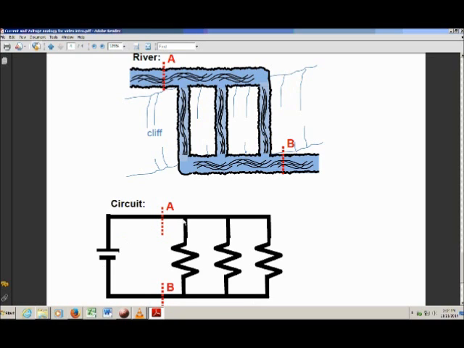So all 3 of them are directly attached to that battery. Therefore, if this is a 10-volt battery, each resistor has a 10-volt voltage drop. And it doesn't matter that they've got different currents, different resistance values, they still have the same voltage because they're all attached to the same battery, just like all 3 waterfalls had the same height because they all go over the same cliff.